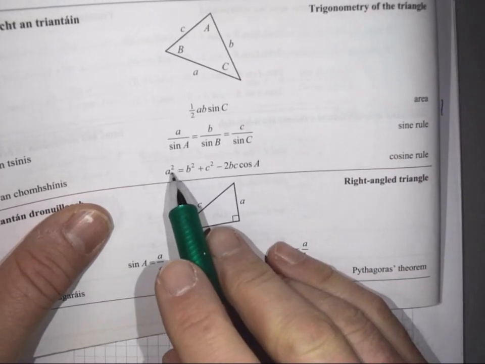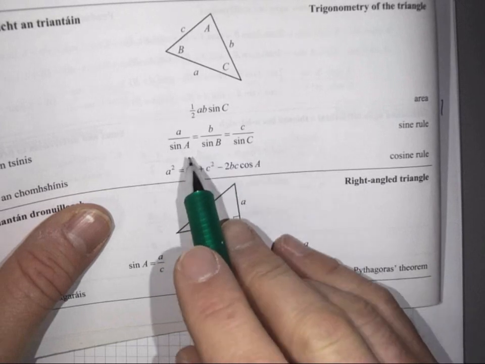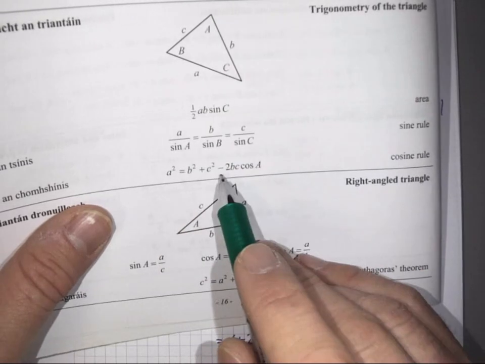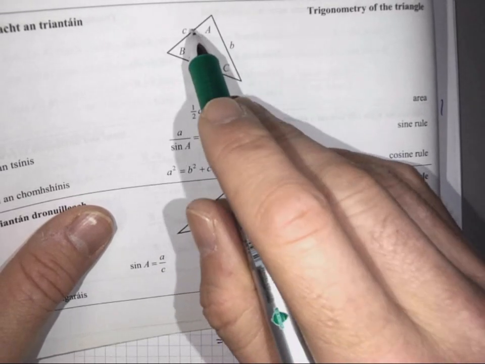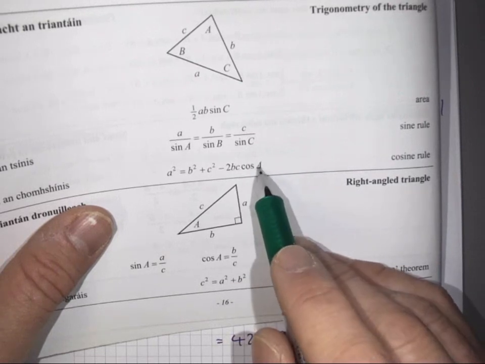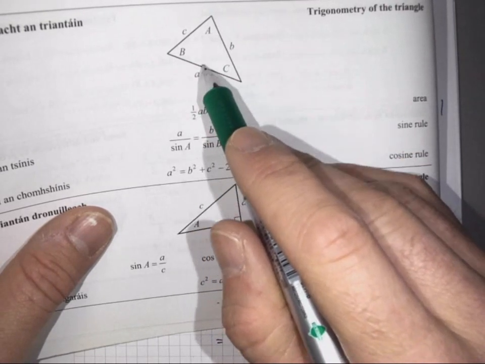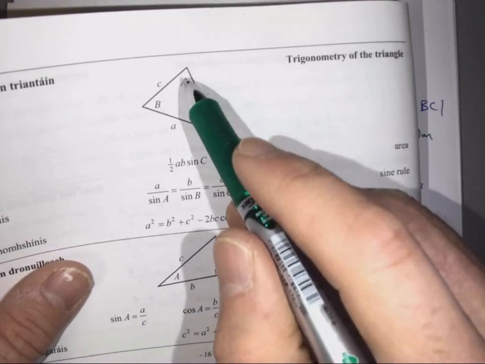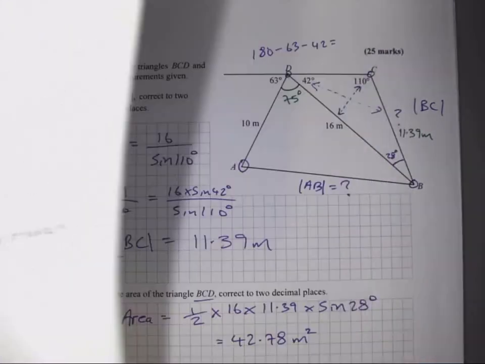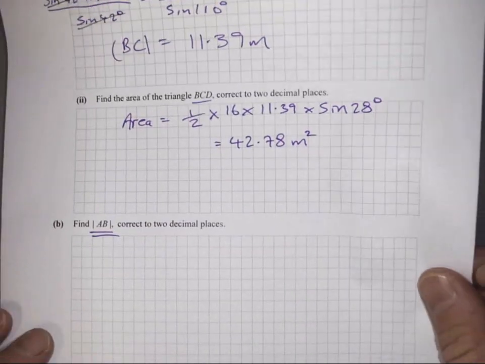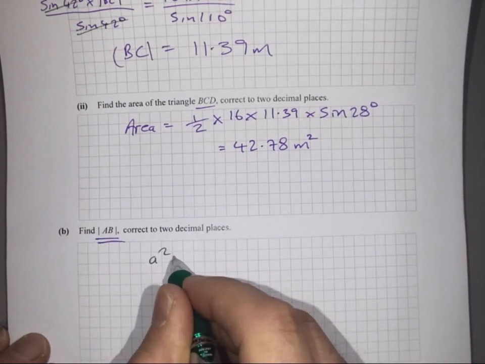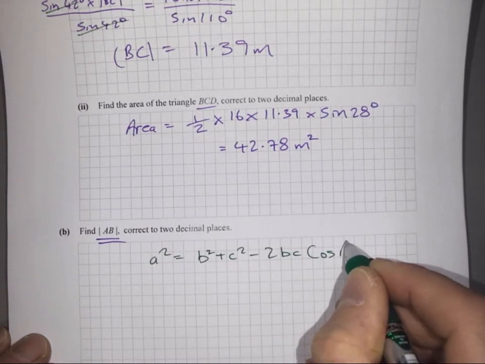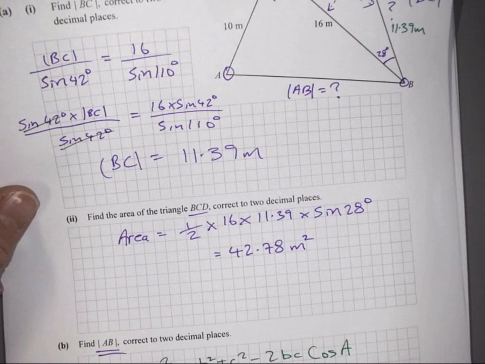The length of side A squared is equal to the square of B plus the square of C, minus 2 times the lengths multiplied by the cosine of the angle A, capital A, which is opposite side A. So in our triangle, A is the length we're looking for.